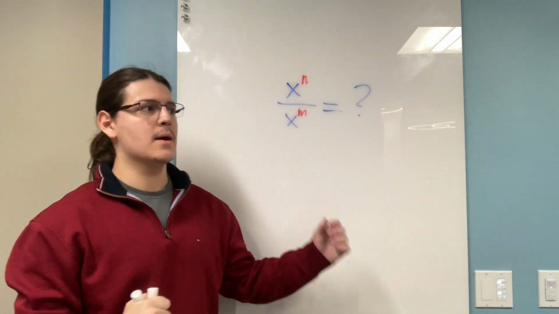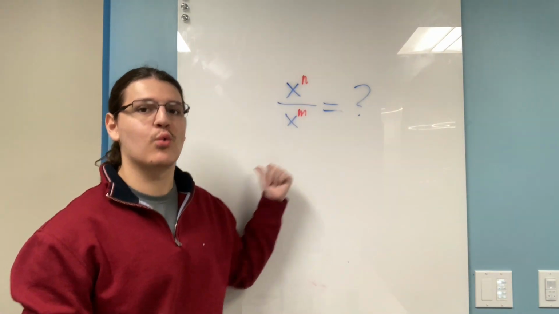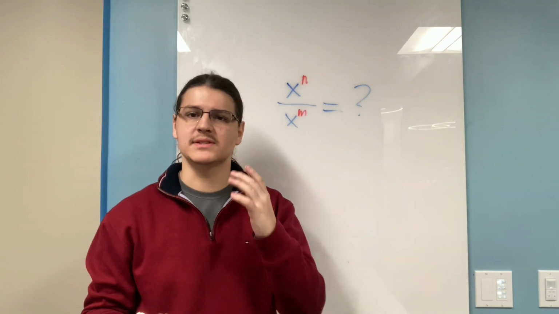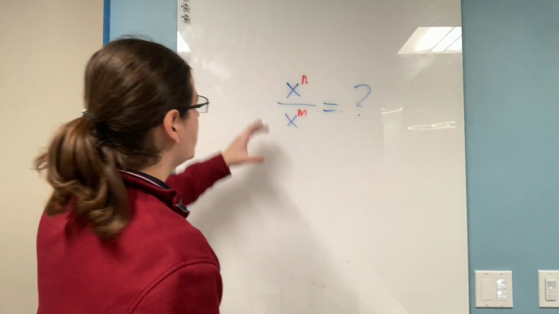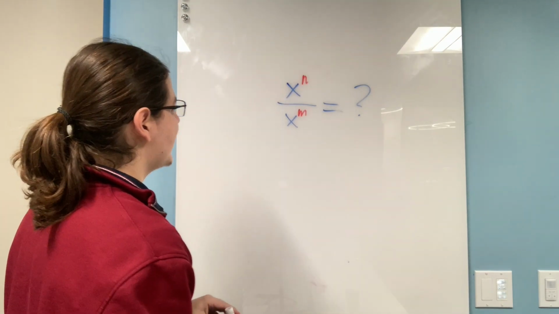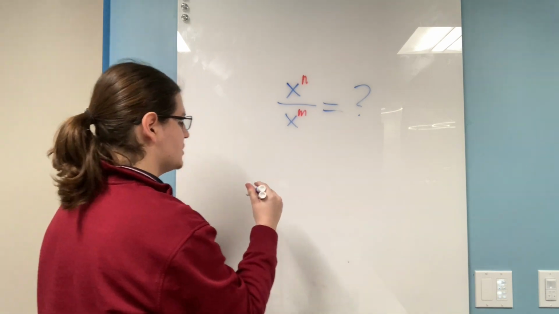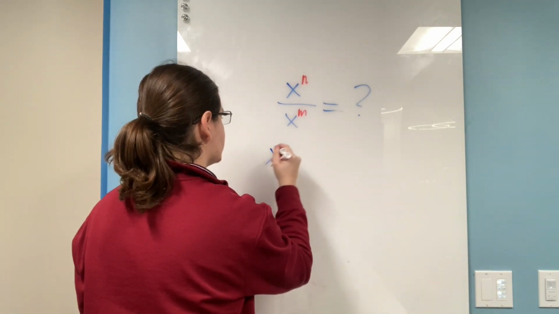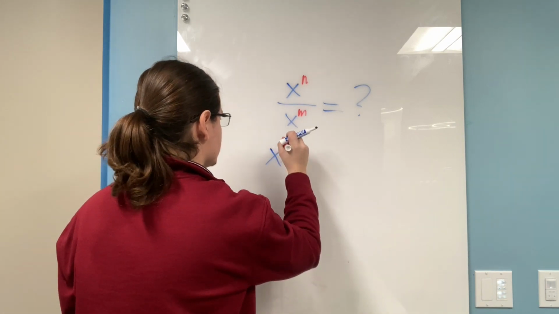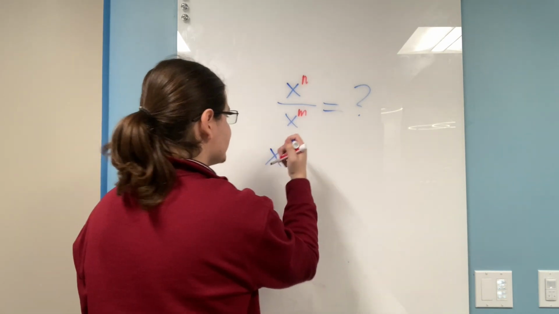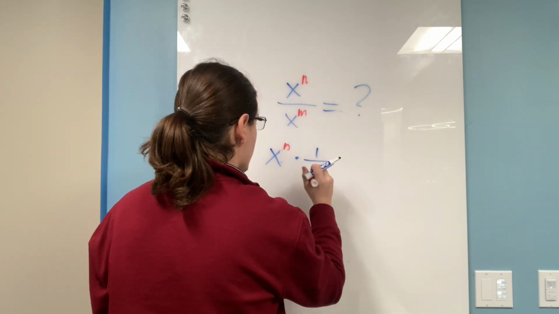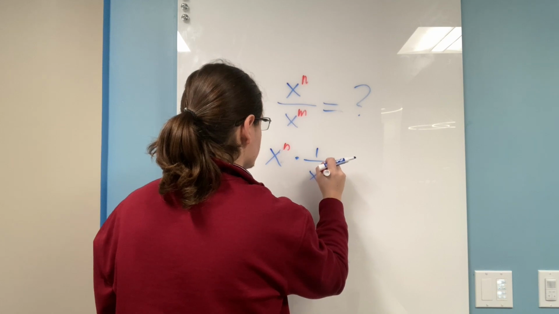Well, before I showed that x raised to a power times x to another power is the same as addition. This fraction right here is actually the same thing as x to the nth power times 1 over x to the mth power.